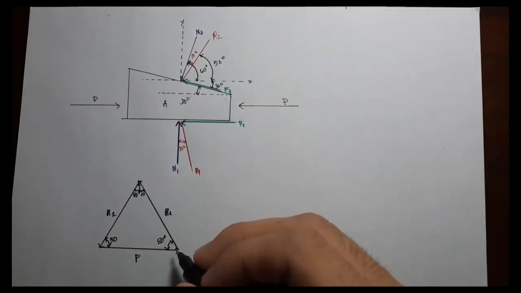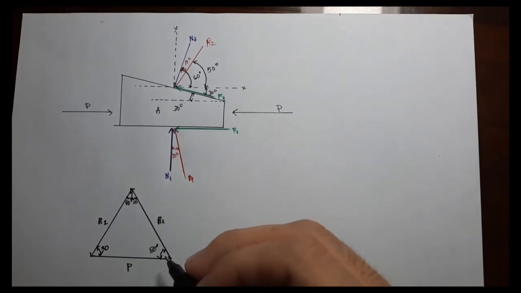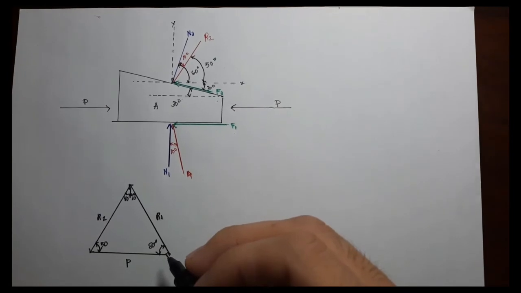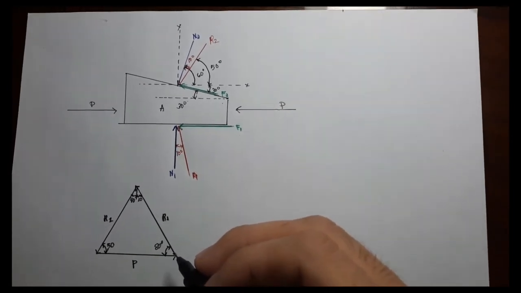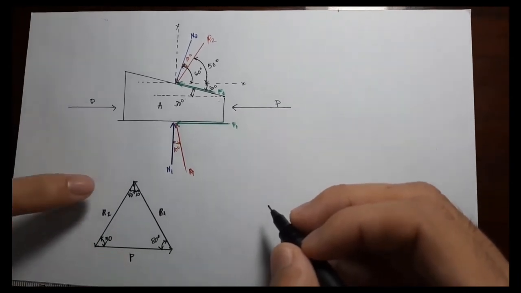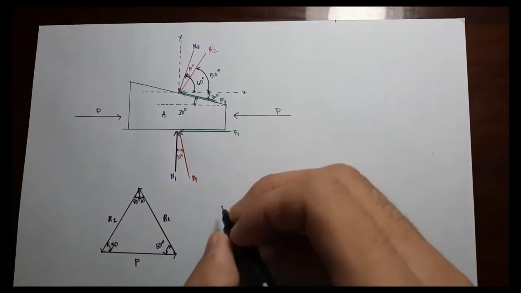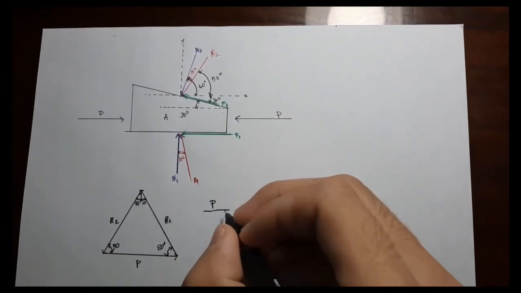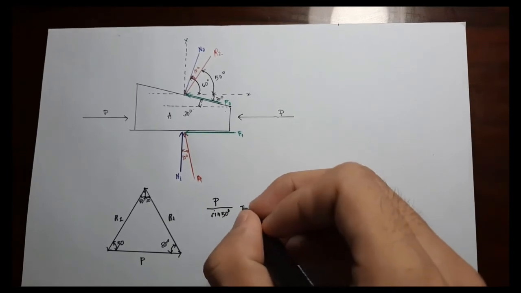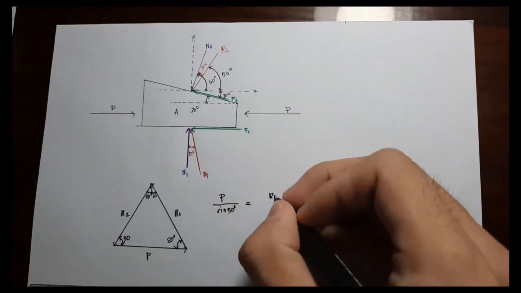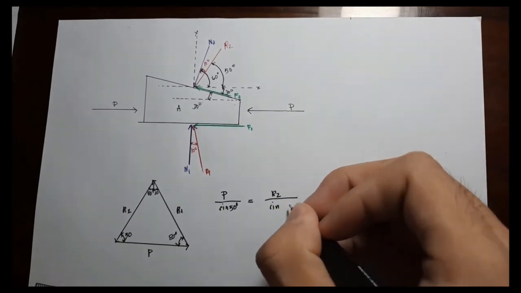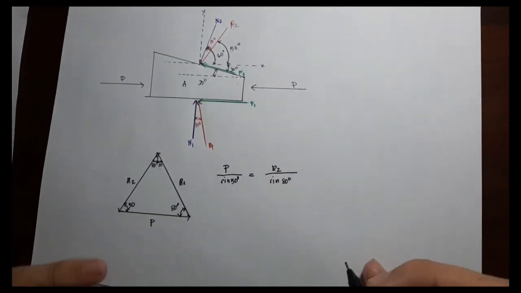So the next thing we will do is use the sine law to get an equation that will help us determine the value of P. We will use this side and this side. So P over sine of 50 degrees is equal to R2 over sine of 80 degrees.